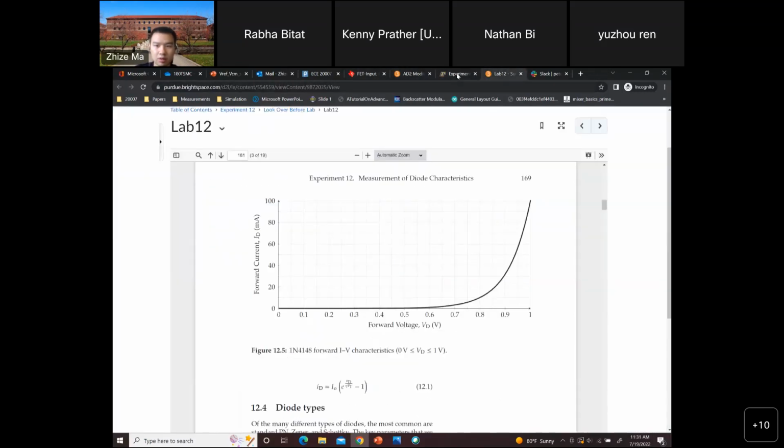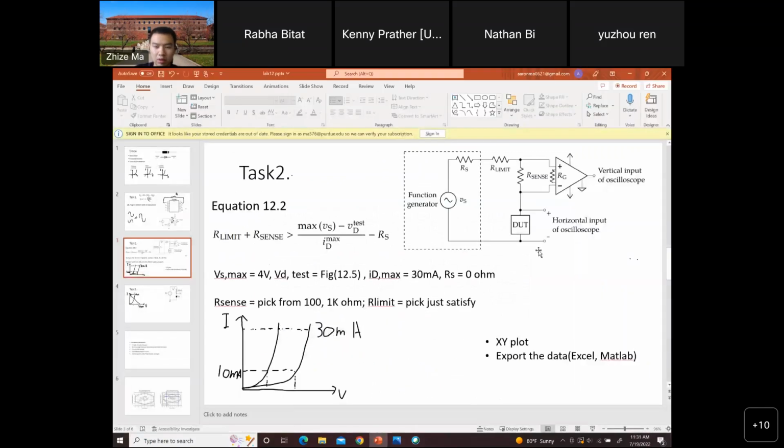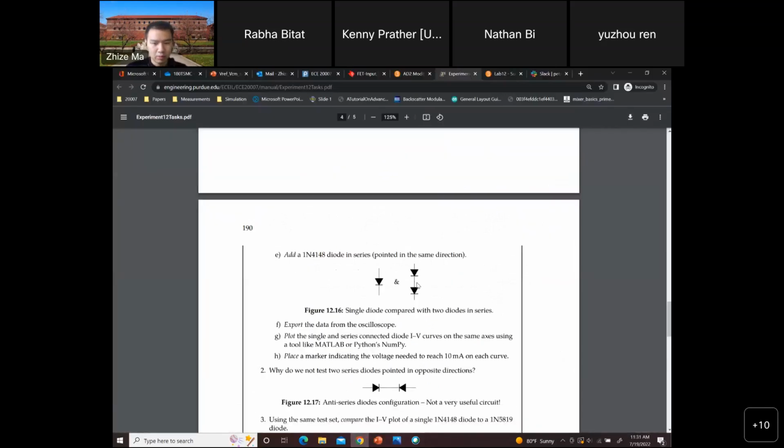Which means in the circuit, the voltage across the DUT will be the x-axis. The voltage across the R sense, which you divide by R sense, is the current. So the current will be the y-axis. Then if you go back to the tasks, after you get the plot, you will need to export the data again, which is similar to last time.